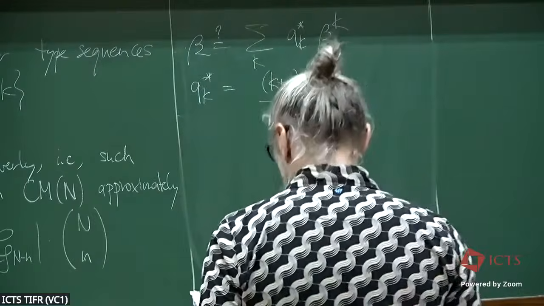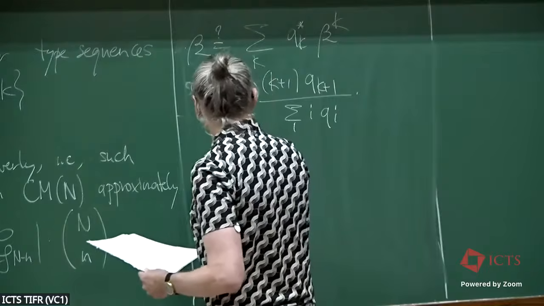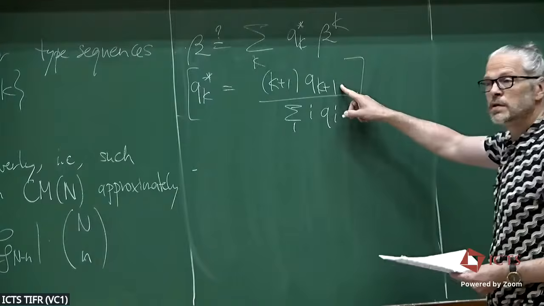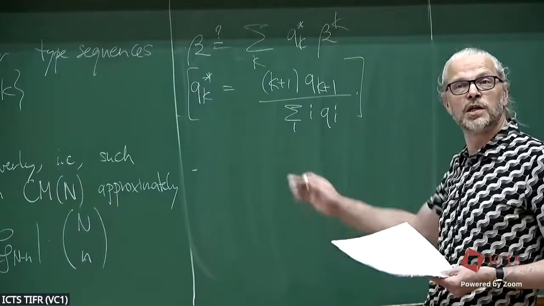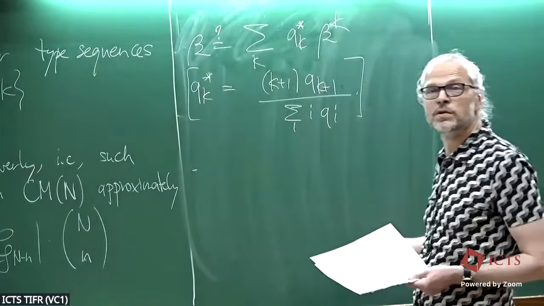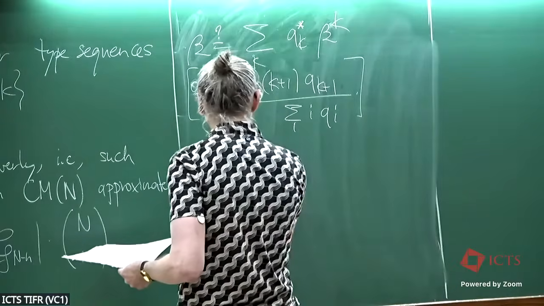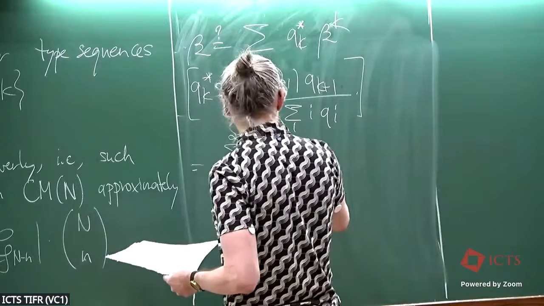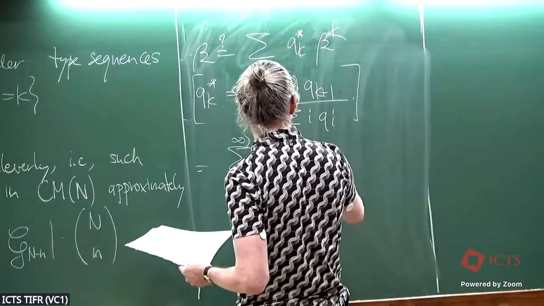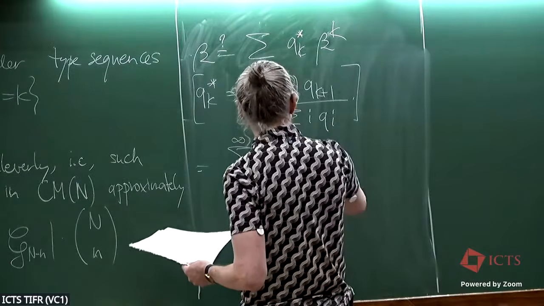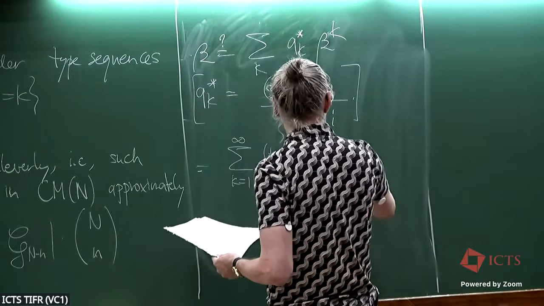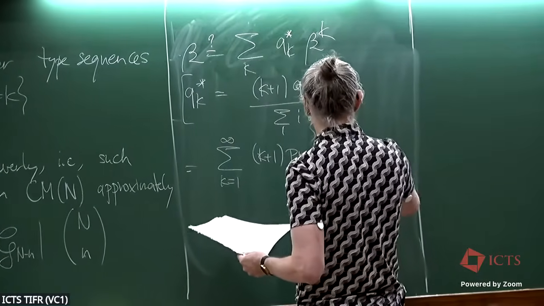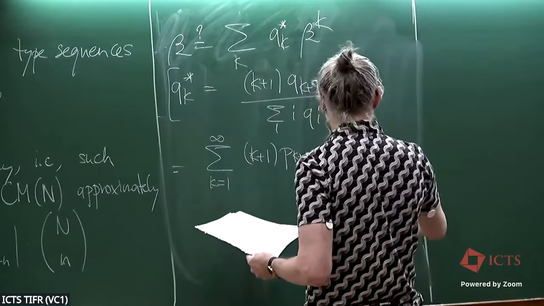Okay, and now I stick in what my definition for qk was. qk had some normalization constant, but that's going to drop out because I have a ratio here. So that's nice. So I can just stick in what the dependence is. Here I'm going to get k plus 1, pk plus 1, divided by, sorry, beta to the power k, divided by 1 minus beta to the power k plus 1.